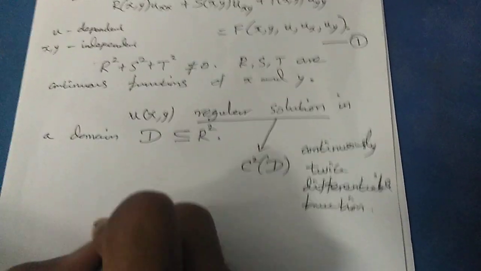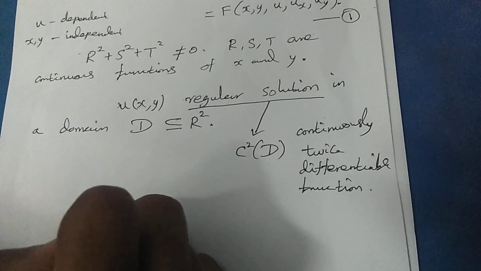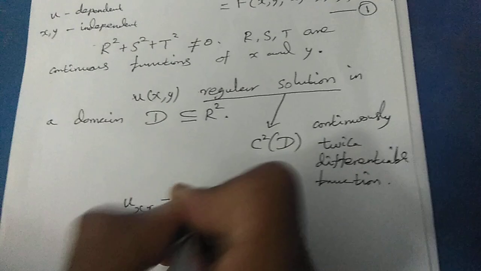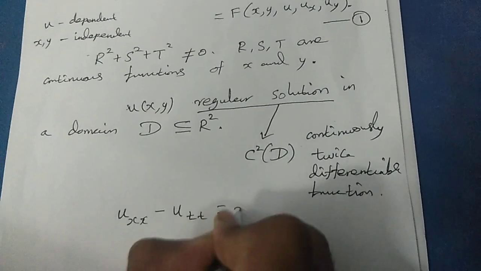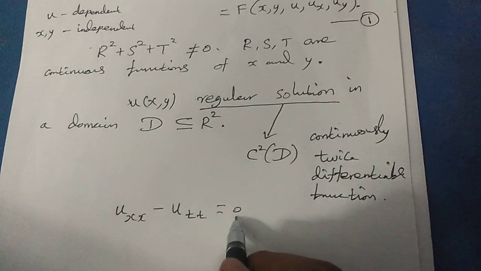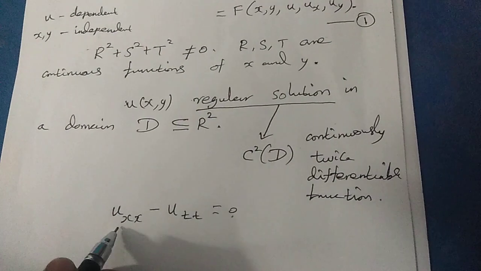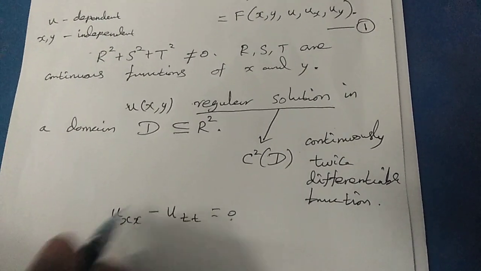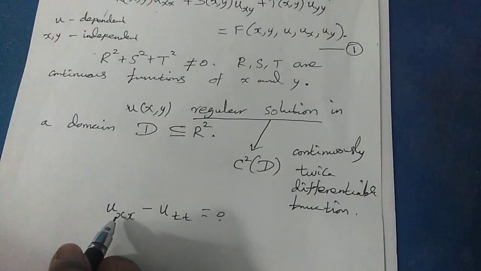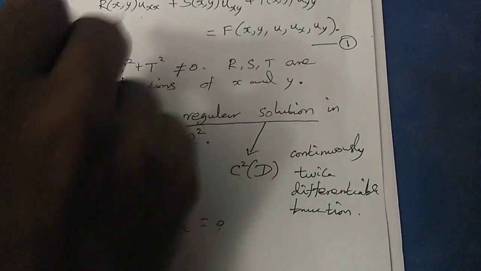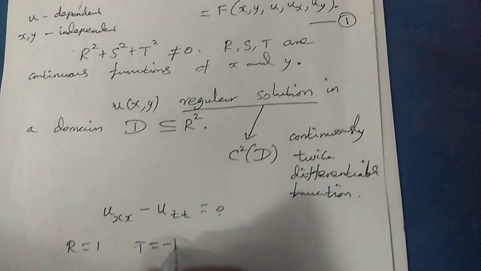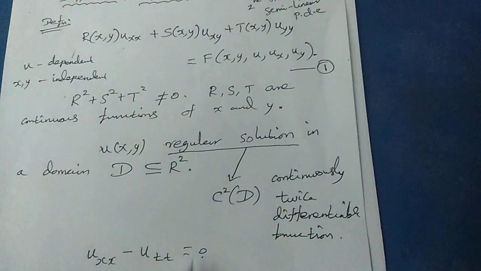Suppose I am considering a linear second order equation, uxx minus utt equal to 0. Here the semilinearity part is 0. When comparing this equation with equation 1, the coefficient r is 1 and t is minus 1, and the semilinearity part is 0.